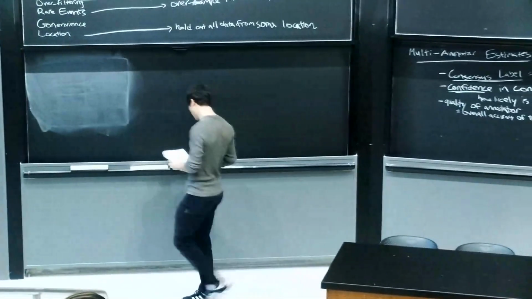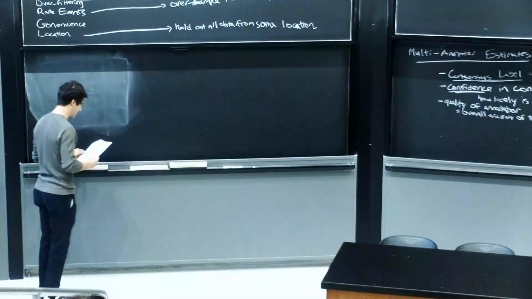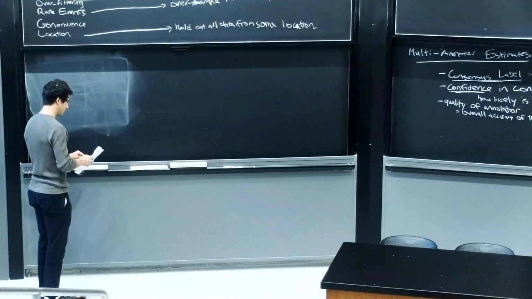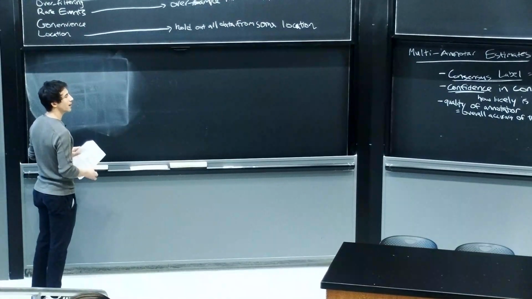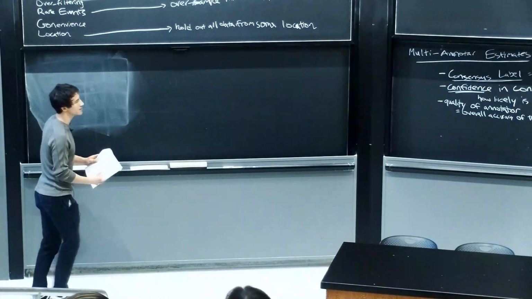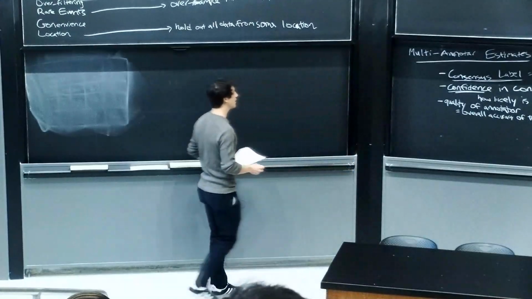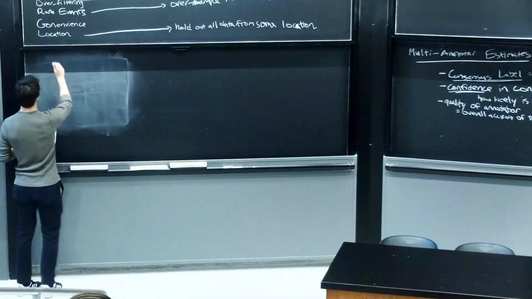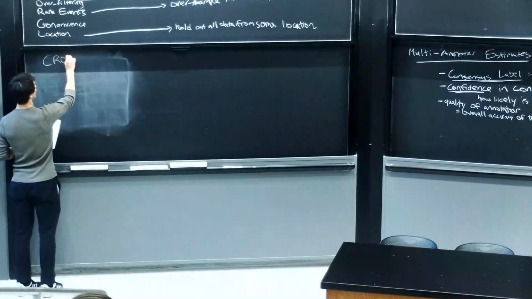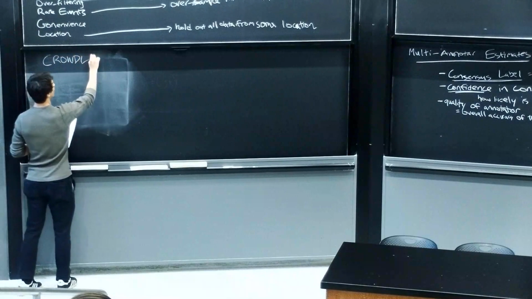I'm getting to time here, so I'll just go over the final part very quickly. But broadly speaking, a way we can get a better estimate of all three of these quantities is a method called CrowdLab that you will see in your lab assignment for this lecture.